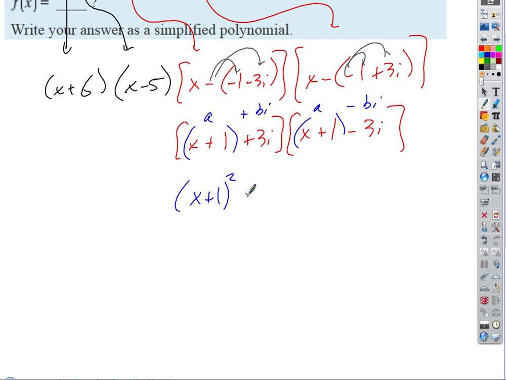So minus -9 is plus 9. That's no big deal. If you do it that way, it's pretty simple. What's x plus 1 quantity squared? x squared plus 2x plus 1, but let's add the 9 also. That's what all this stuff boils down to: x squared plus 2x plus 10.